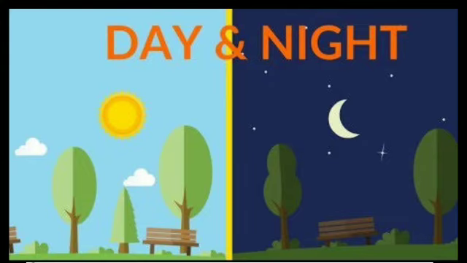Now it started its journey from the north and it has come to the south. Again, students, what happened? The sun starts its journey from the south and comes to the north. So it keeps on changing.